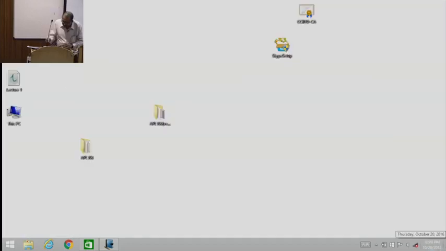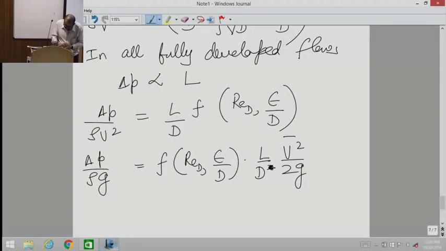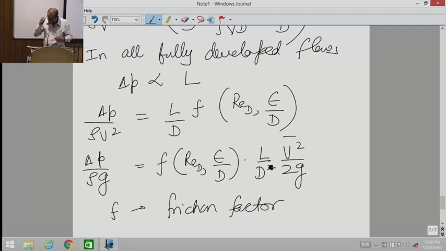Now here F is what we call the friction factor.